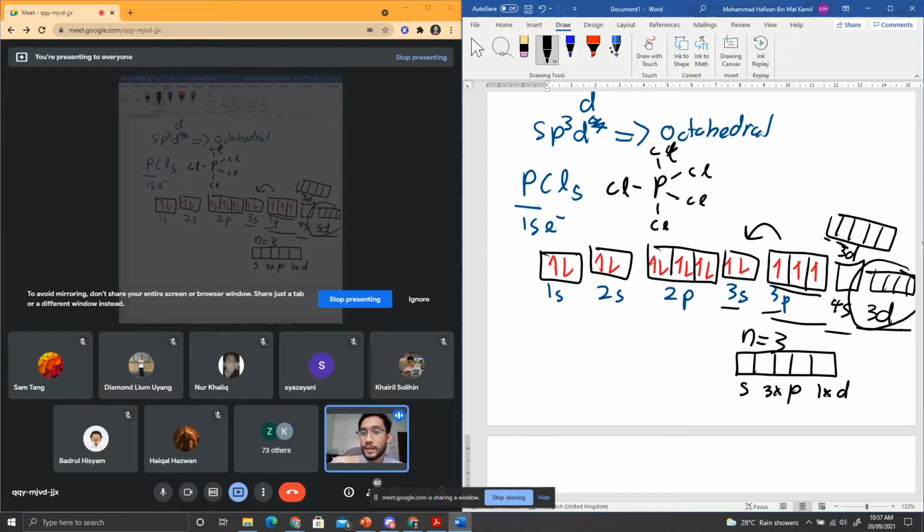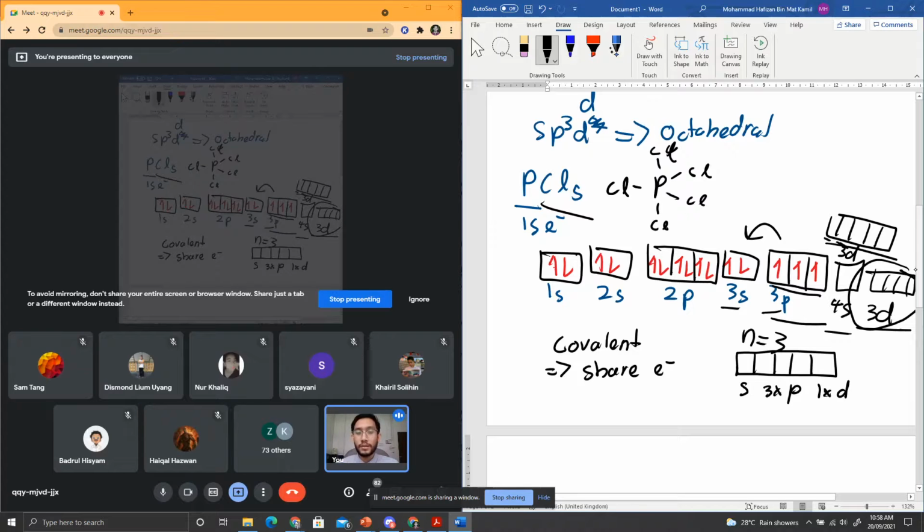And the question earlier is, it has 5, right? For example, it has 5 bonds. Why are these electrons just not shared in the empty d orbitals? Like d has 5, right? Why not just share? Because to make a bond, especially a covalent bond, the main thing is we share electrons.